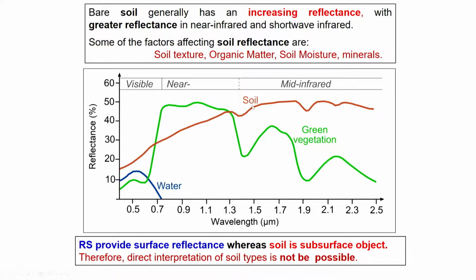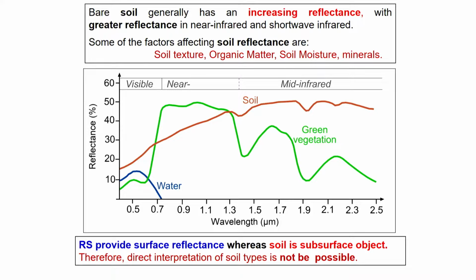But in case of soil, if you see the reflectance characteristics, it increases as the wavelength increases. Therefore, you are not getting very contrasting features for different composition, but you are getting the reflectance governed by soil texture, organic matter, soil moisture, and the salt content present in the soils. They govern the reflectance characteristics.